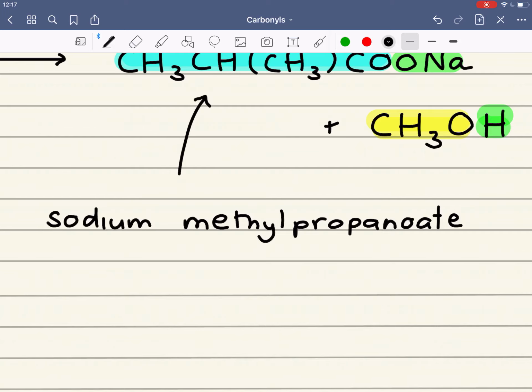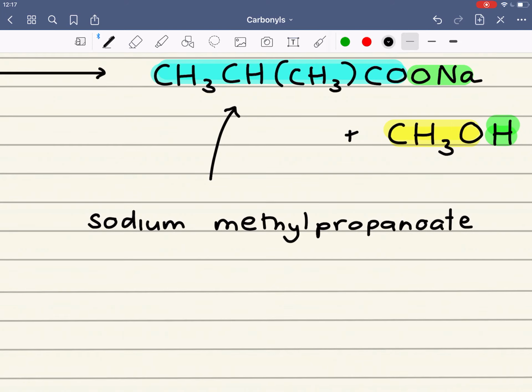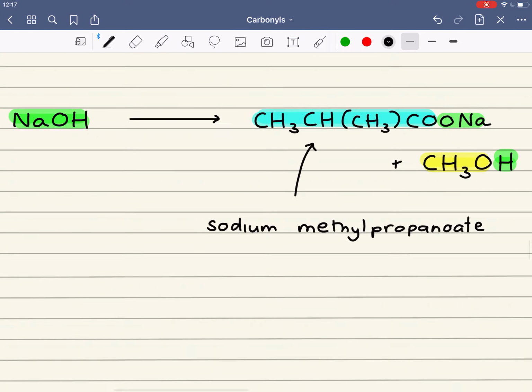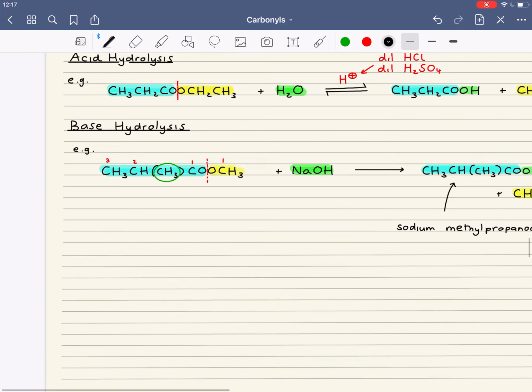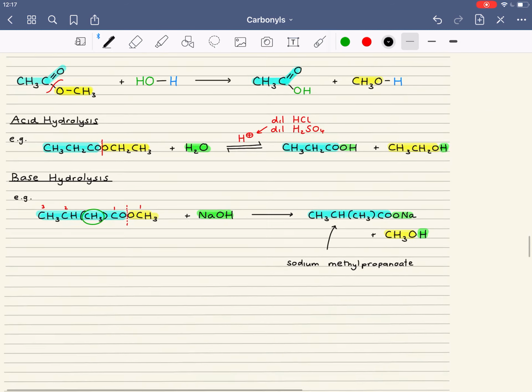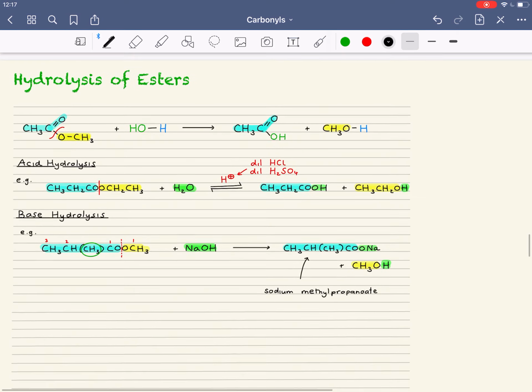So methyl propanoic acid has become sodium methyl propanoate. And the ester, remember, was methyl propanoate. So that is the hydrolysis of some simple esters.